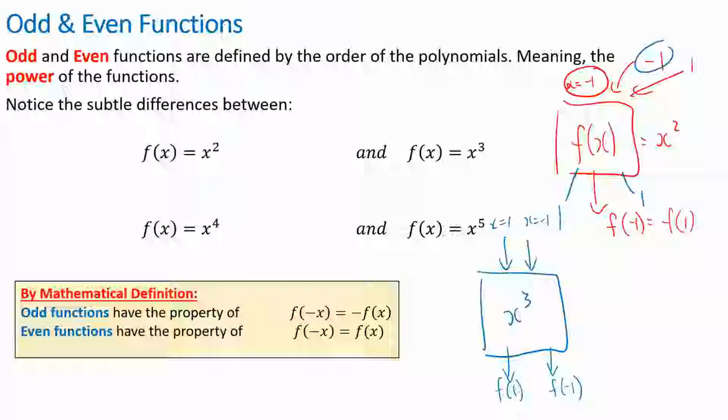So if we work it out, if I sub in a 1, cubed will give you 1. But then subbing in a -1 will give me -1. Now these two are different. But according to this definition here, if I put a -1 in, they gave me an answer of -1.